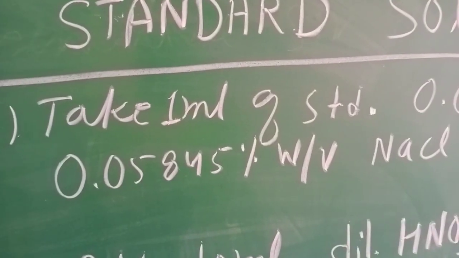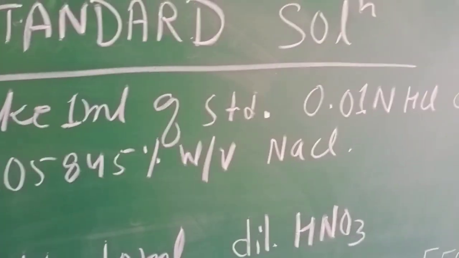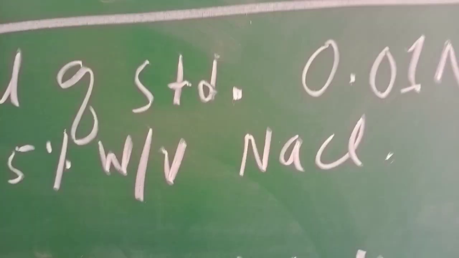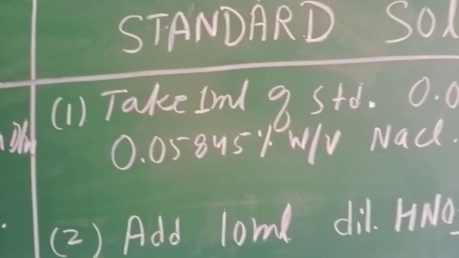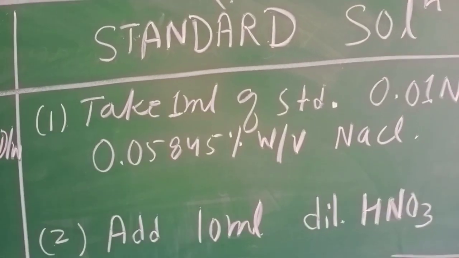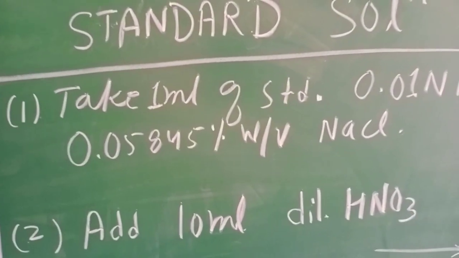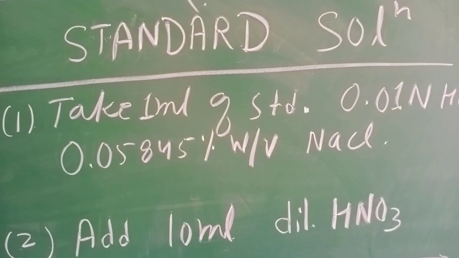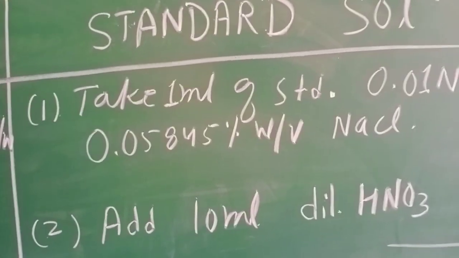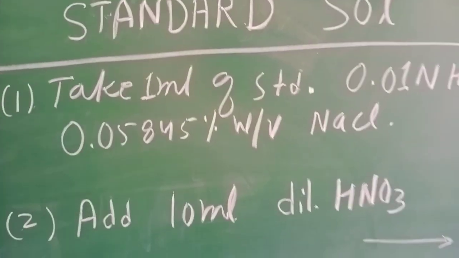This 1 ml of standard, whether it is hydrochloric acid or sodium chloride, is transferred to another Nessler cylinder, which is the standard glassware purposefully used for limit tests.